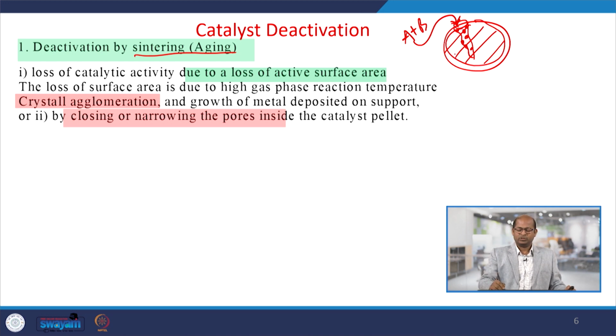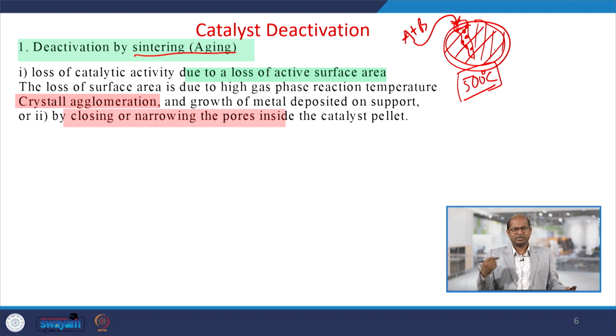When we conduct any reaction at high temperatures, what happens? Usually, if we conduct these reactions at, let us say, 500 degrees centigrade, that is a temperature where the catalyst is not affected so much.